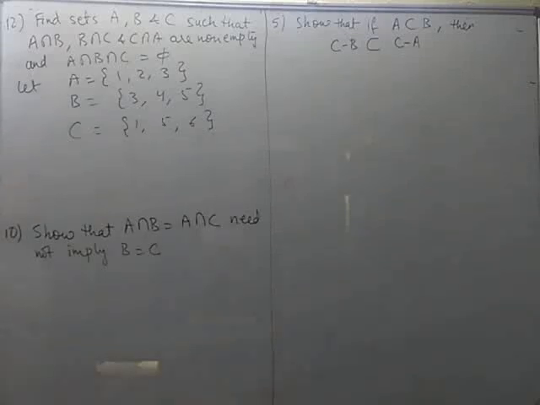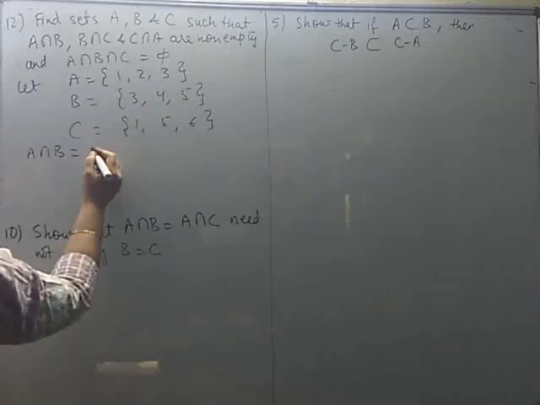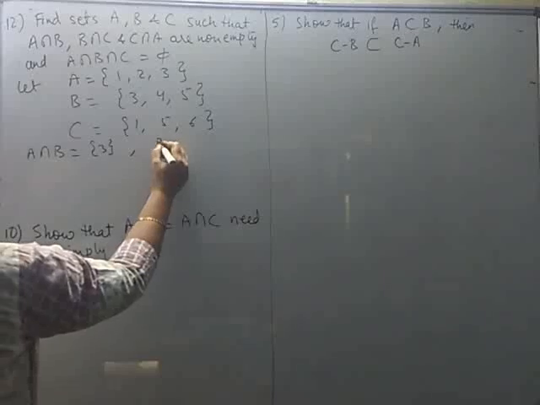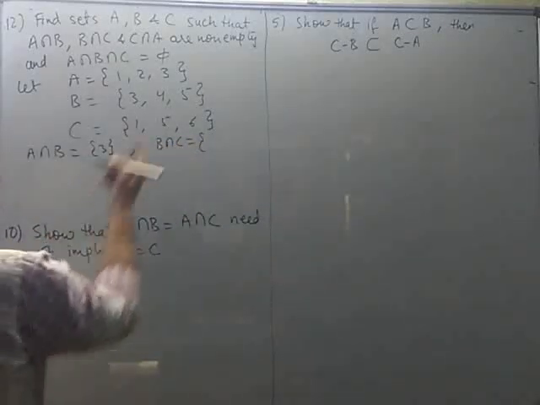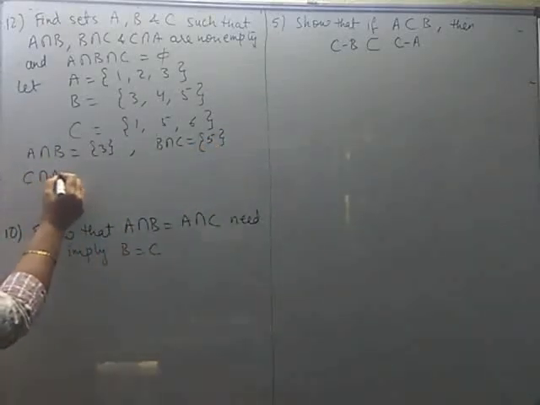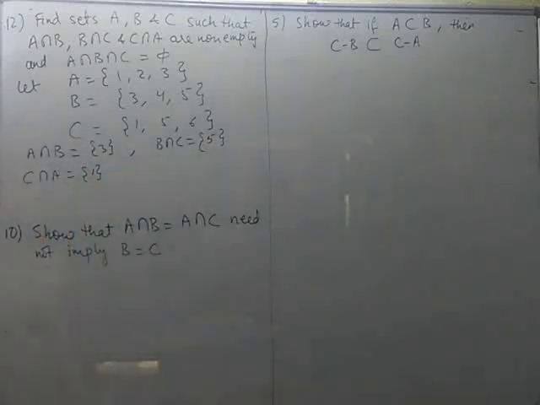If not, then we need to make changes in them. What is A intersection B? When we take intersection of these two, we get a common element which is 3. In the same way, when we take intersection of B and C, again there is a common element which is 5. And taking intersection of C and A, it is 1.